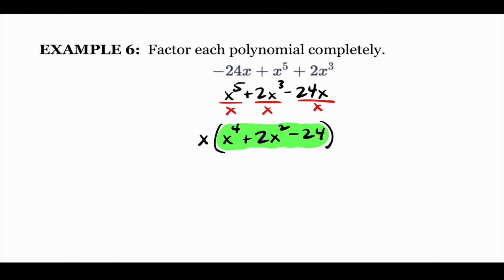Now I got to focus on the green, the part that factored out to GCF. Now I got to do ABC. ABC says 1, 2, negative 24.